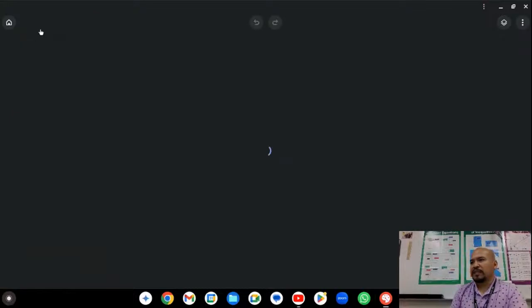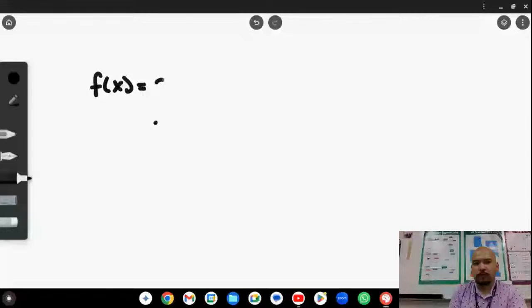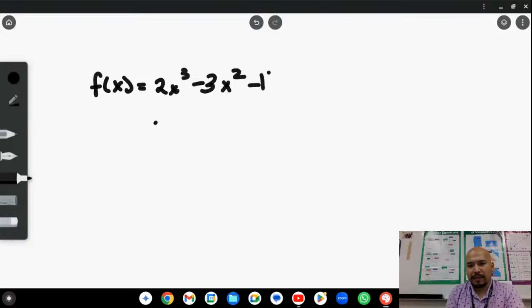So now let's do another example. Let's say we get f of x equals 2x to the third power minus 3x squared minus 11x plus 6.